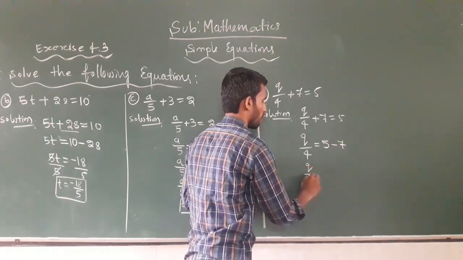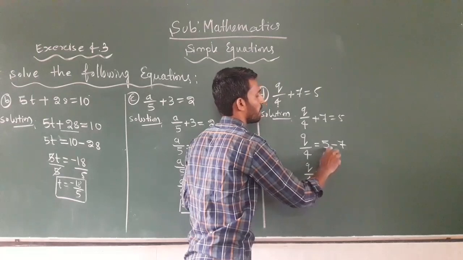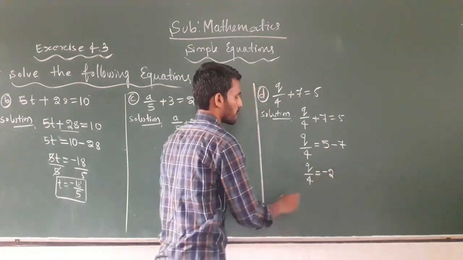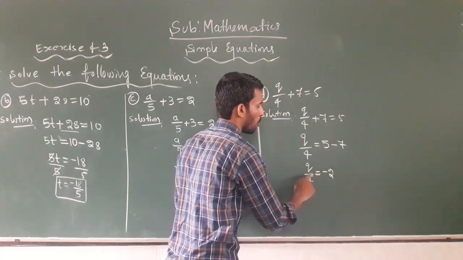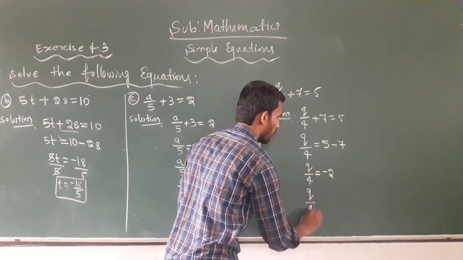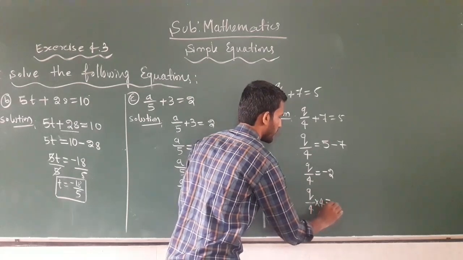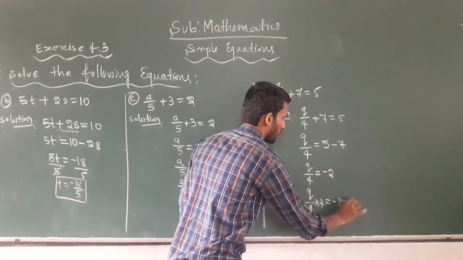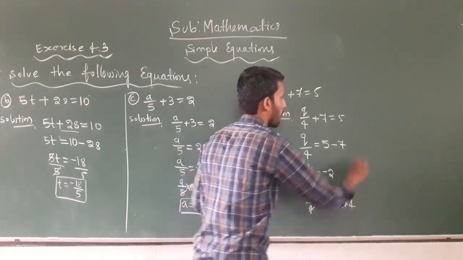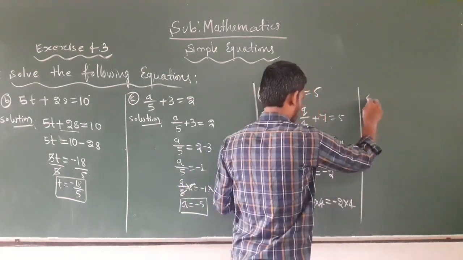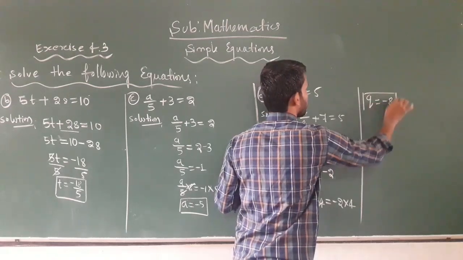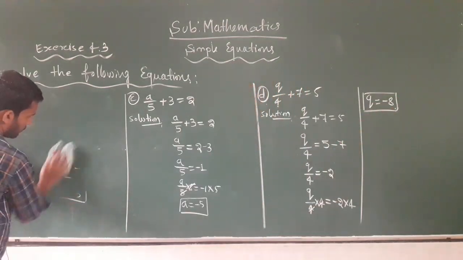Now q by 4 is equal to, when we do the subtraction here, we are getting minus 2. Next, we have to multiply 4 on both sides. When we multiply 4 on both sides, we are getting minus 2 into 4. 4 will be cancelled. The answer is q is equal to minus 8. This is the solution.